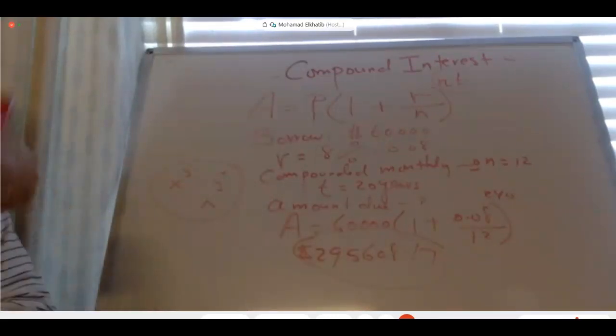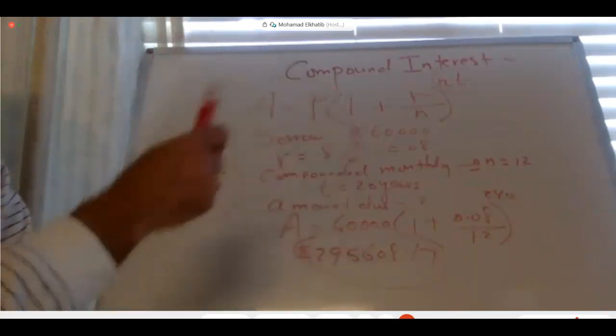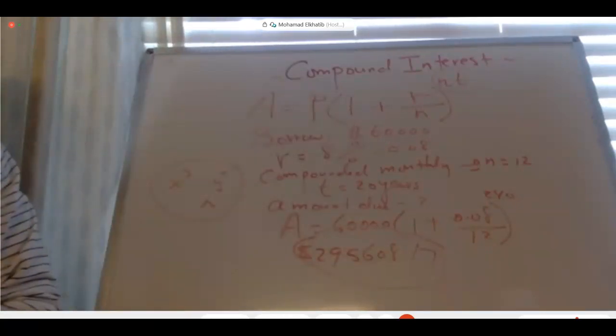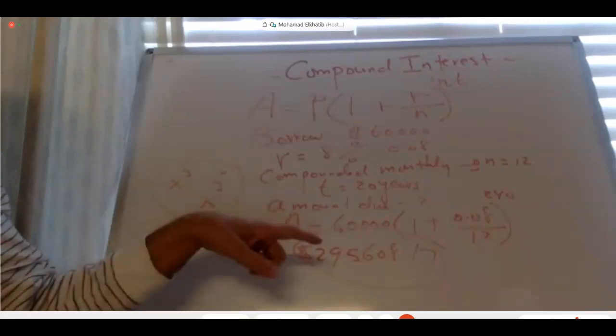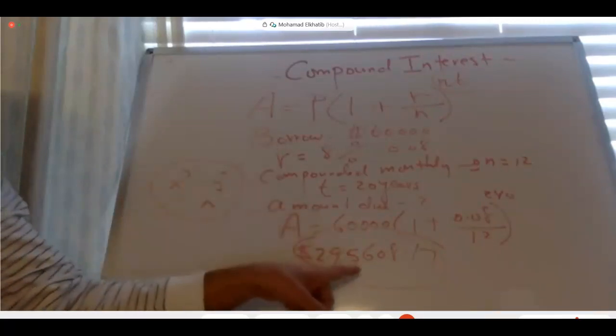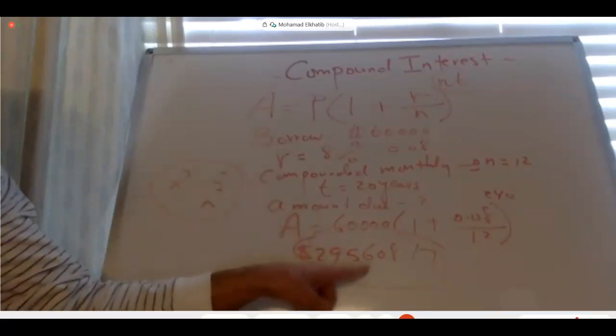So it's cost you almost 5 times as much as you borrowed. See? So by the end of the 20 years, this is how much you would have paid for your $60,000.